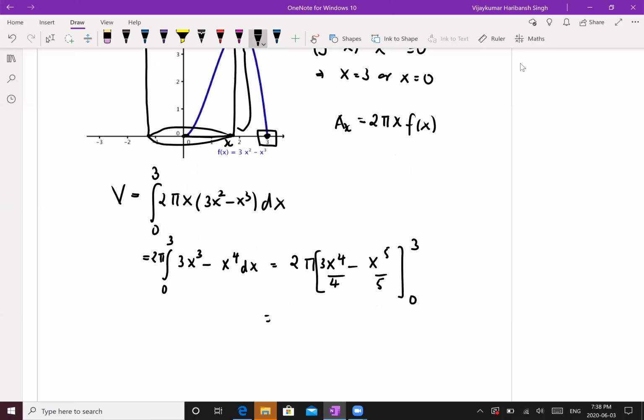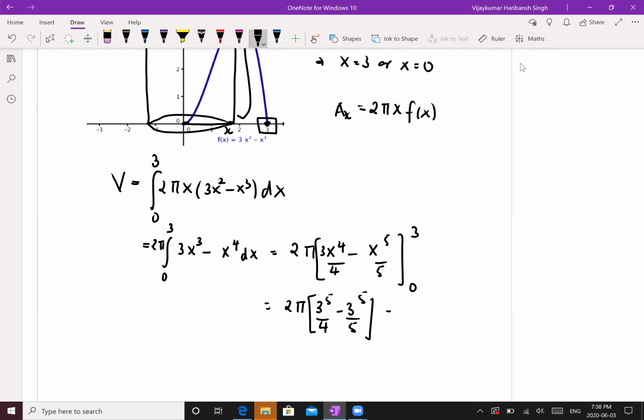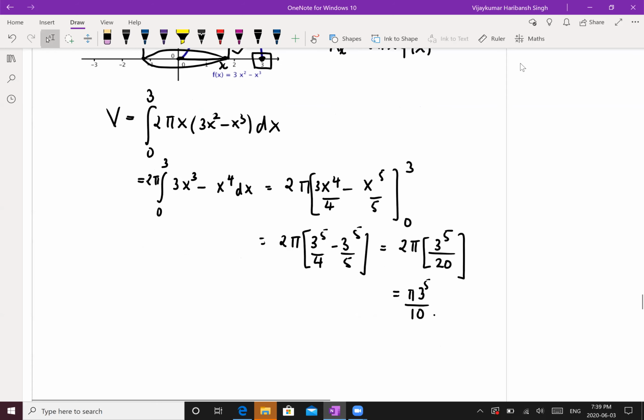Now this is going to be 2 pi times 3 to the power 5 divided by 4 minus 3 to the power 5 divided by 5. And that is going to be 2 pi times 3 to the power 5 divided by 20, or this is going to be 3 to the power 5 times pi divided by 10. So this is your answer.